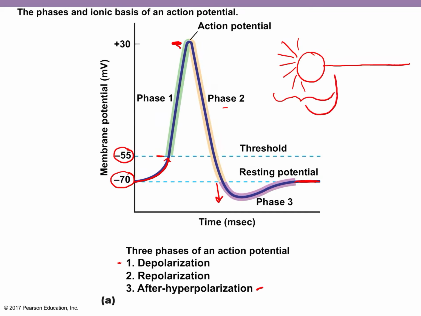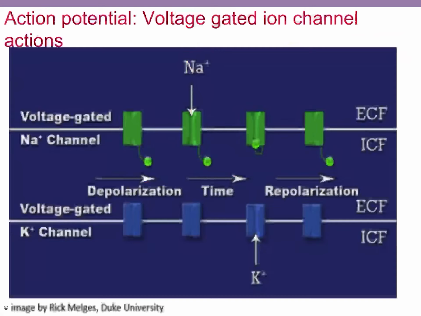If they reach threshold at this initial segment of the axon, at negative 50 to negative 55 millivolts, then at this point we have voltage-gated ion channels. The voltage that reached the axon hillock is going to open up these ion channels. So we're not considering neurotransmitters anymore; we're considering the voltage that has reached the axon hillock.